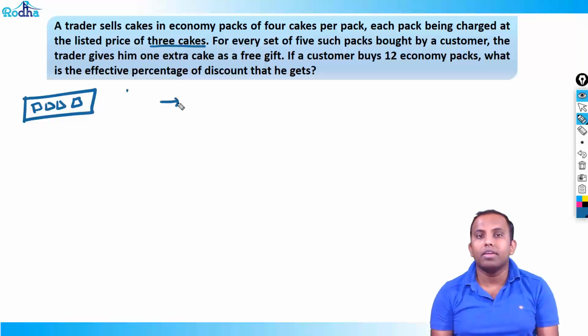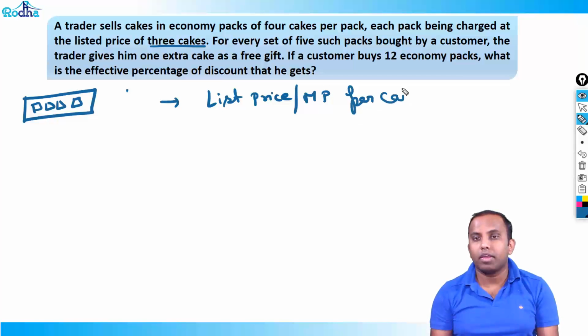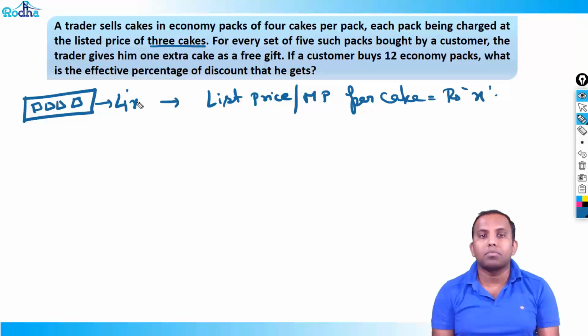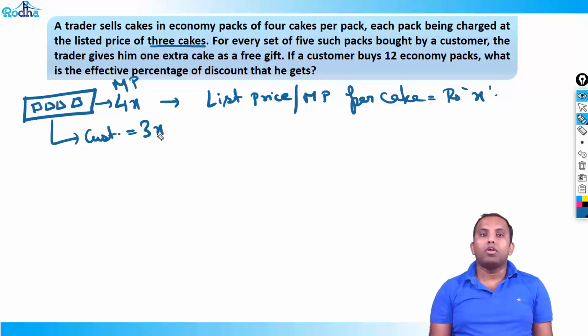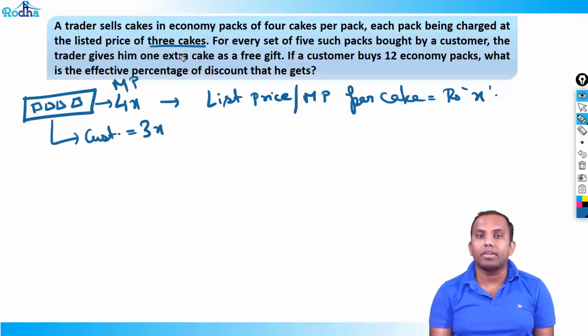So that means let's say list price or mark price per cake is rupees X. Okay, that means this packet mark price will be 4x because it contains 4 cakes. Okay, so mark price is 4x, but customer is paying only 3x because he's paying for the listed price of only 3 cakes, right?